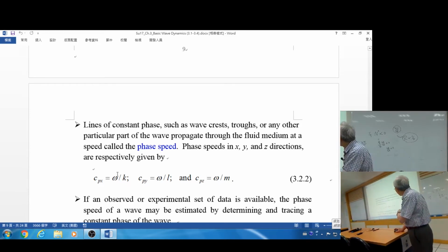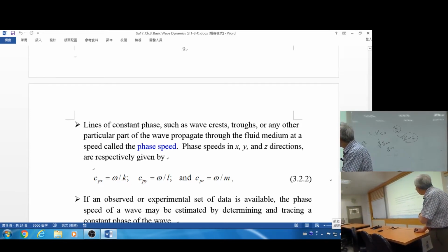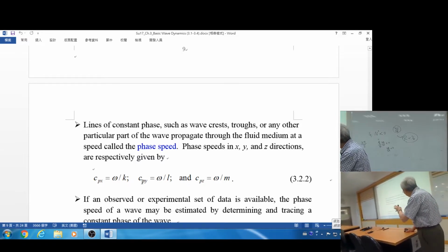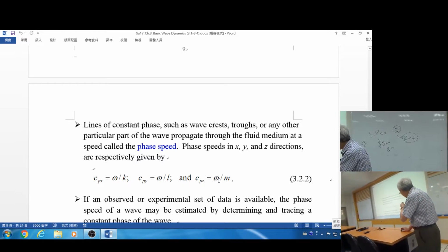Phase speed is omega divided by k in the x direction, omega divided by l in the y direction, and omega divided by m in the z direction.